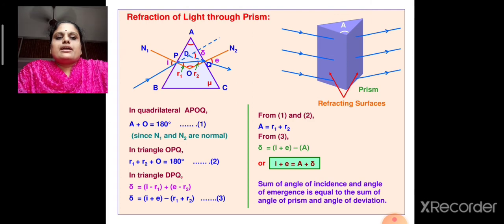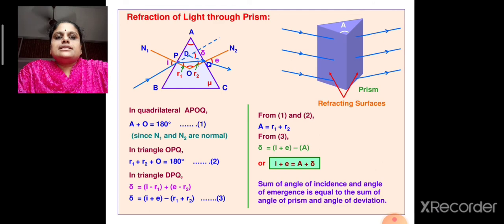Then from the triangle OPQ, angle r1 plus angle r2 plus angle O must be equal to 180 degrees. That is, the sum of all the angles in a triangle is 180 degrees. In the triangle DPQ, we know angle delta, which is the angle of deviation, must be equal to angle i minus r1 plus angle e minus r2.